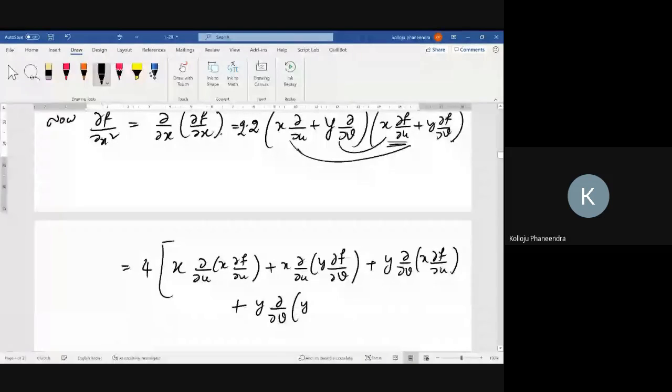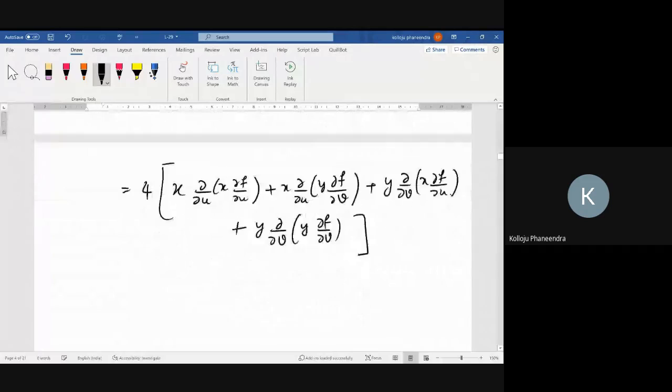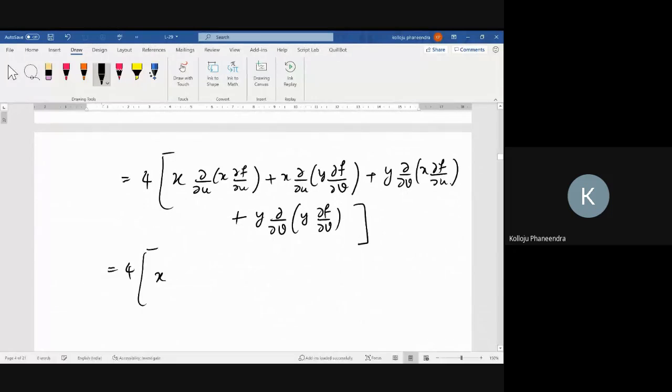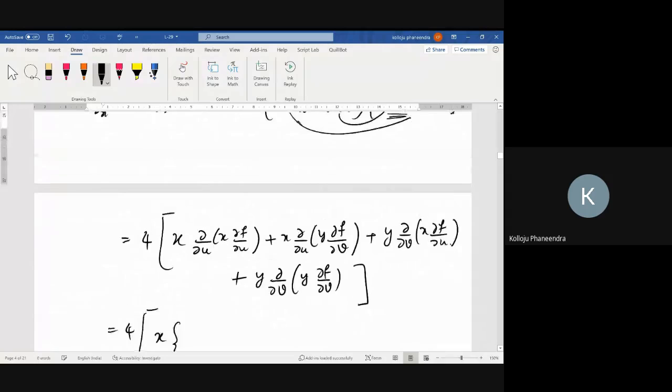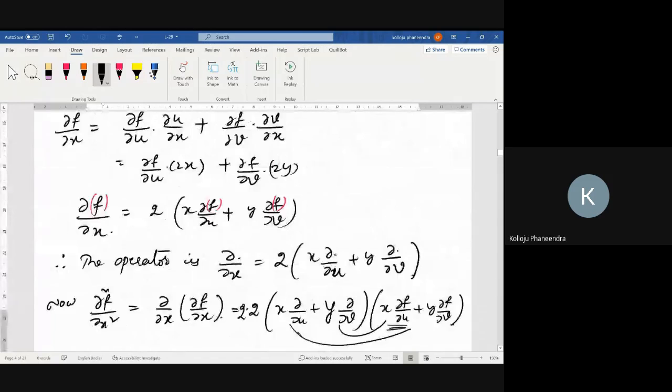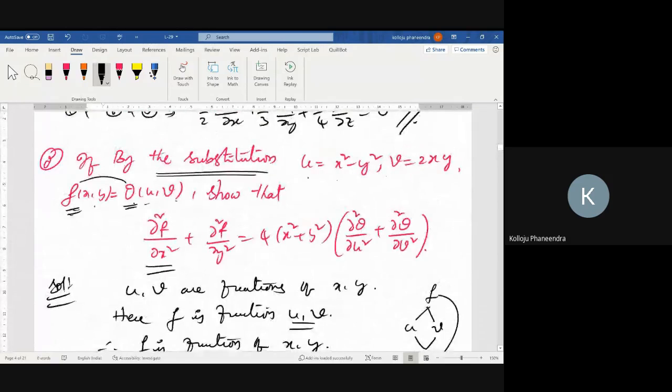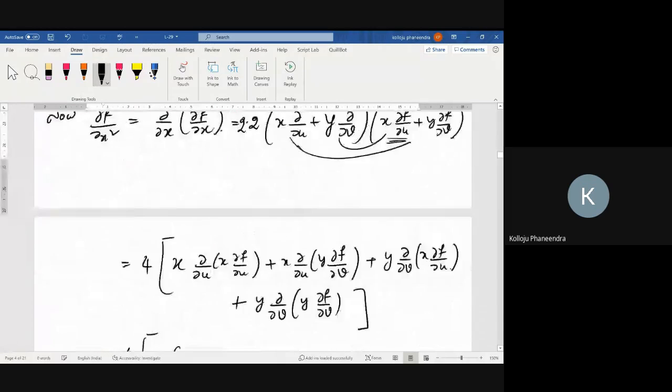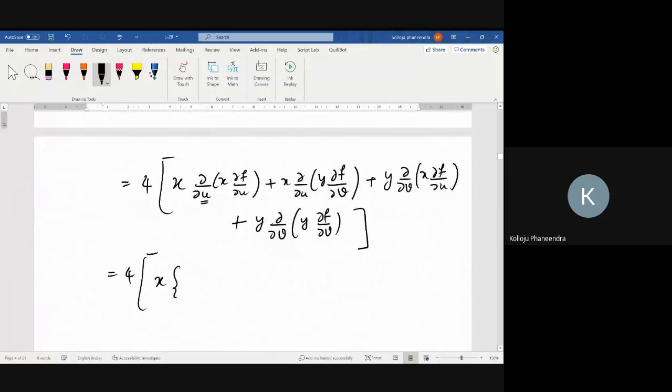This is completed. Now, what is this value? This is equal to 4 into x. Is x a function of u? No, x is not a function of u; u and v are functions of x and y. Therefore this x, when I take derivative with respect to u, is treated as constant. ∂²f/∂u², ∂/∂u of ∂f/∂u, this is over, plus xy.